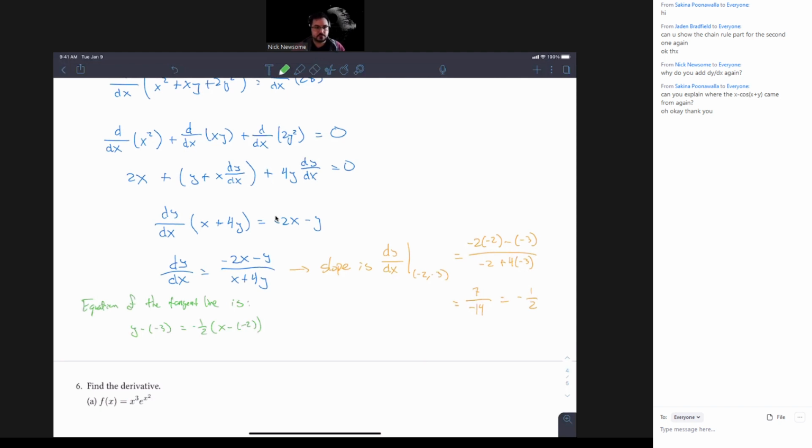Easiest way to write the equation of a line when you're given a point and a slope is point-slope form. Questions?